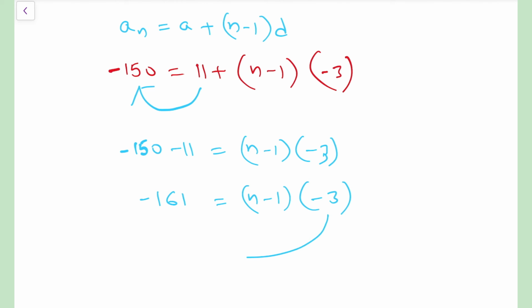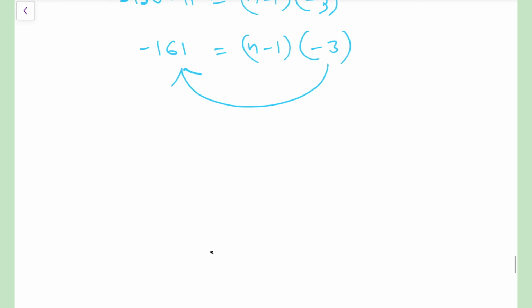Now taking minus 3 to this side, it will become division, minus 161 divided by minus 3 equals n minus 1. Here minus will get cancelled, but surprisingly 161 won't come in the 3 table. So if 161 won't come in the 3 table, then definitely we will get this answer as a decimal.